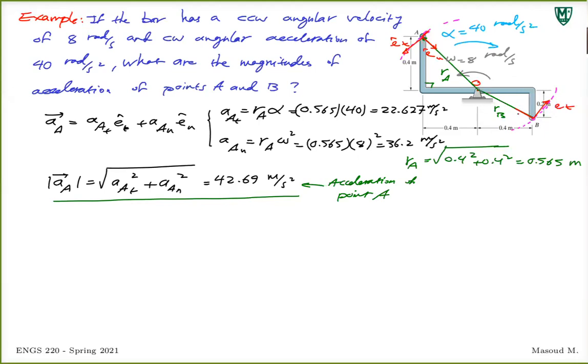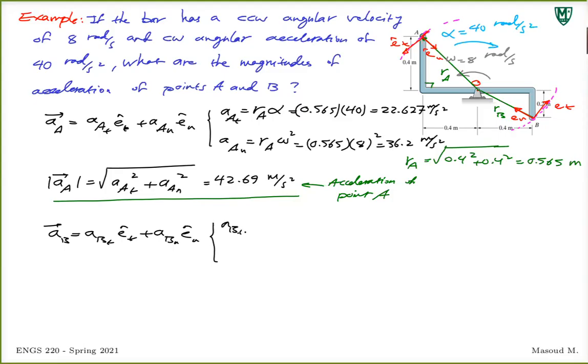This is ET, this is EN, and I didn't really draw the pathway in the best way possible, but it's a circular path. So same story. AB is equal to AB tangent ET plus AB normal EN.